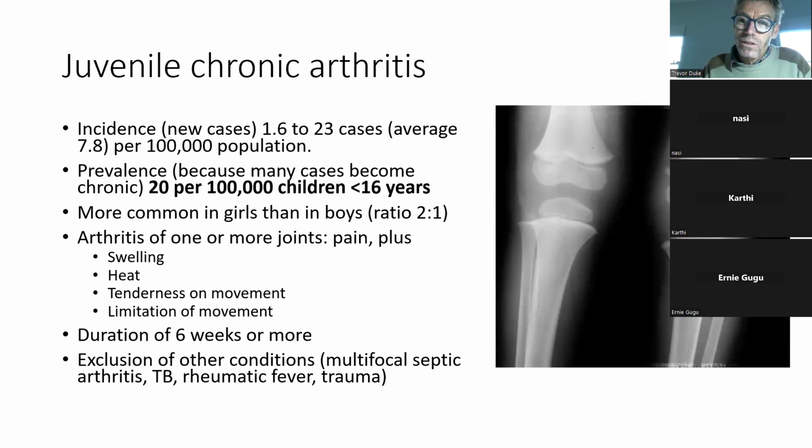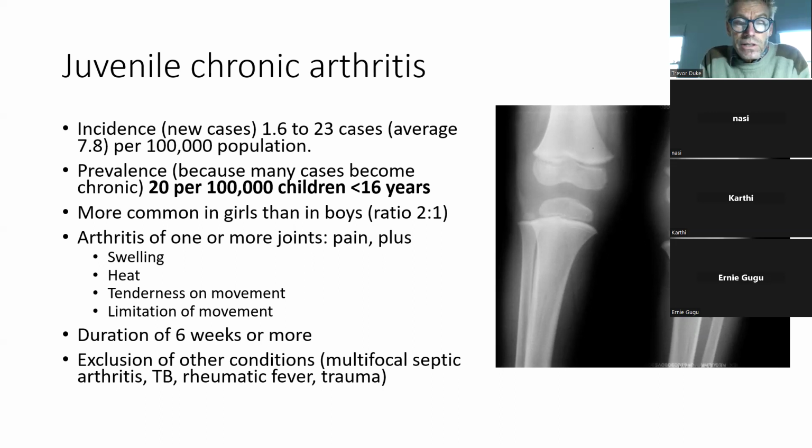And if you're not looking after quite a number of children with JCA, then probably they're being missed in the community. It's more common in girls than in boys, although there are some types of juvenile chronic arthritis that are equally common in boys and girls.